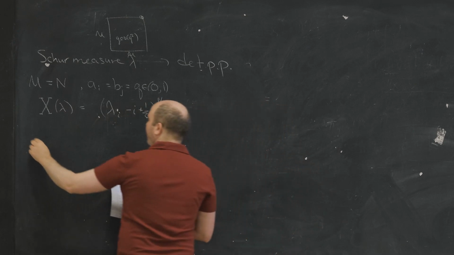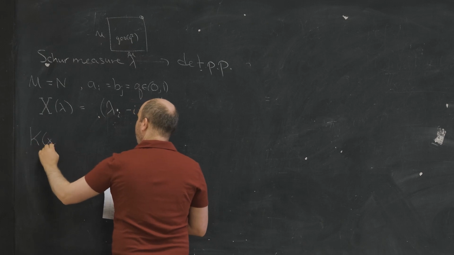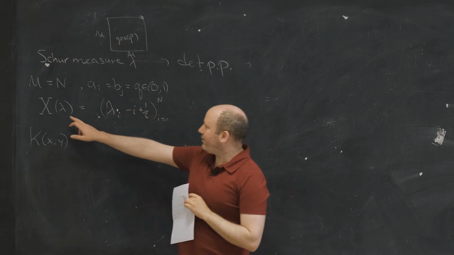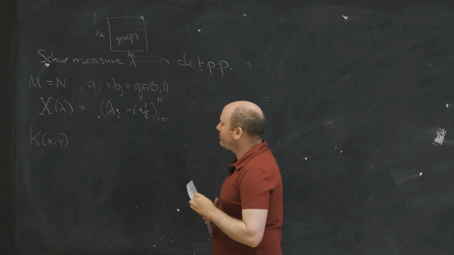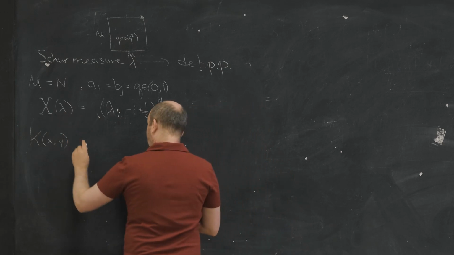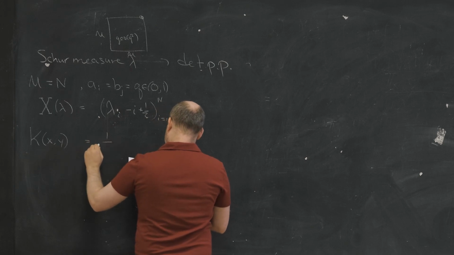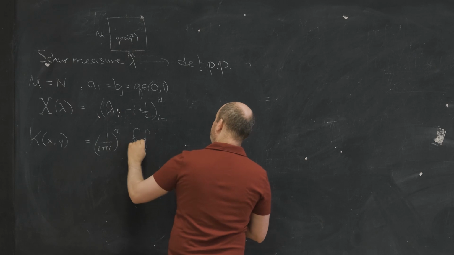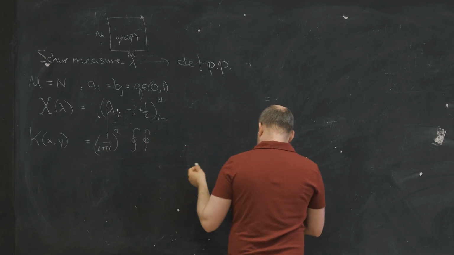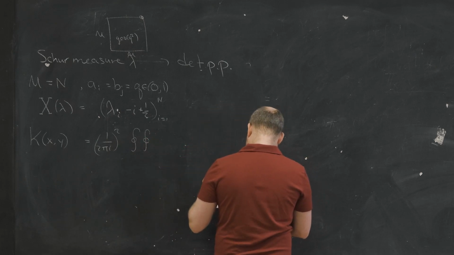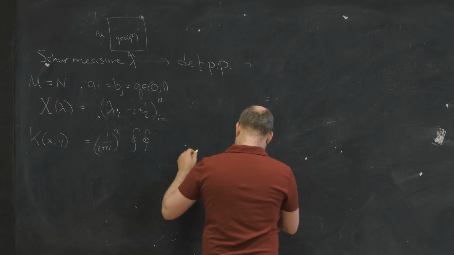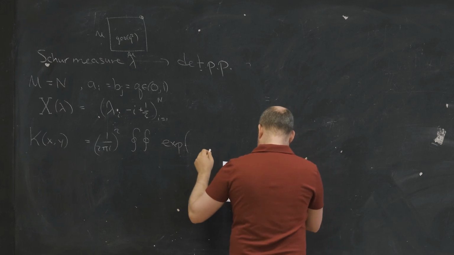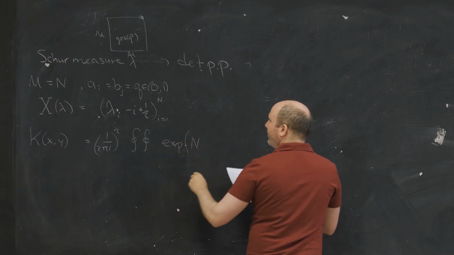And then the kernel that I get, so this is an n point process, and its correlation functions are written in terms of this kernel that takes the form of a double contour integral. Let me write it in the following form, I'm not going to do much with this, but I want you to see.